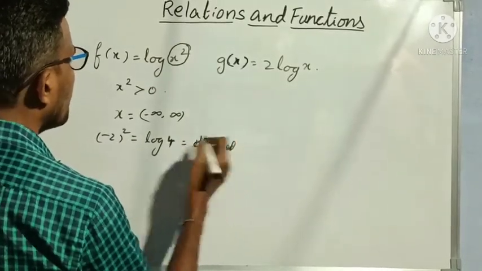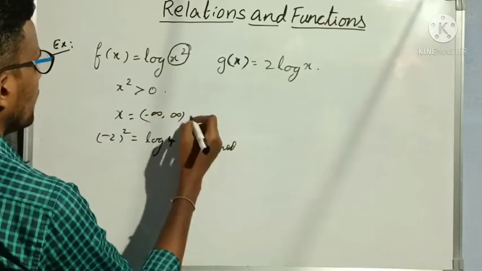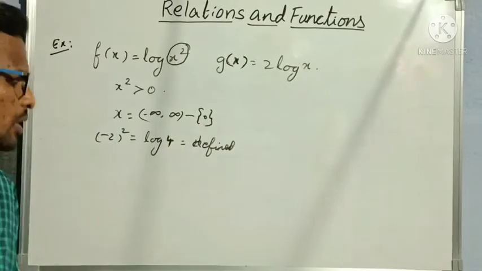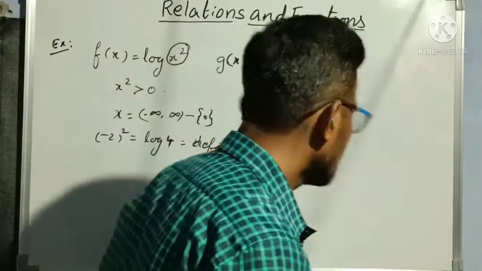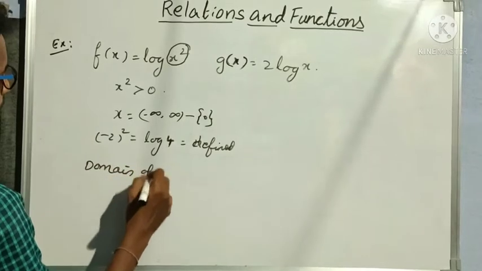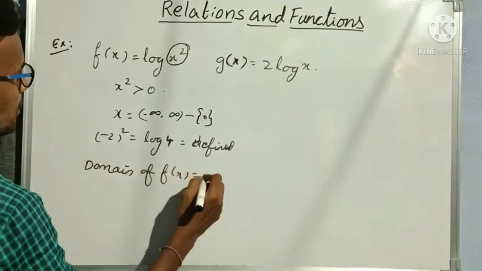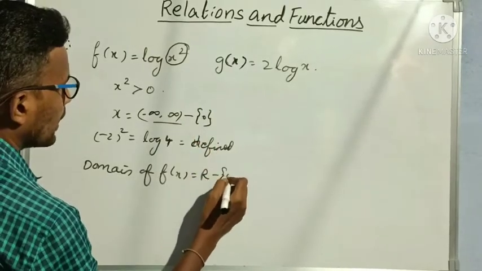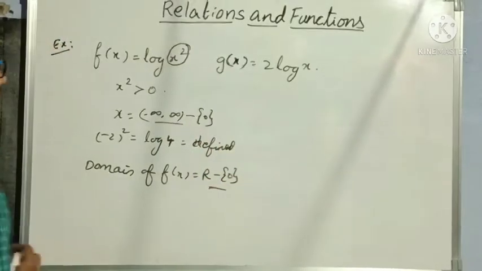So here we can take minus infinity to infinity except 0. So therefore domain of f of x is equal to, I can take minus infinity to infinity as R minus 0. Okay.